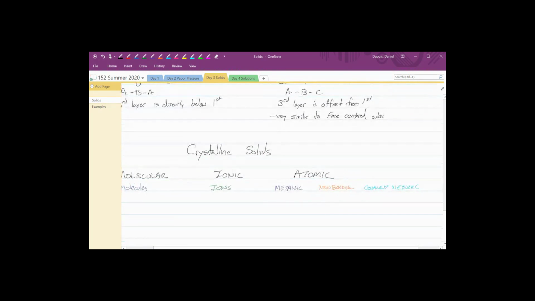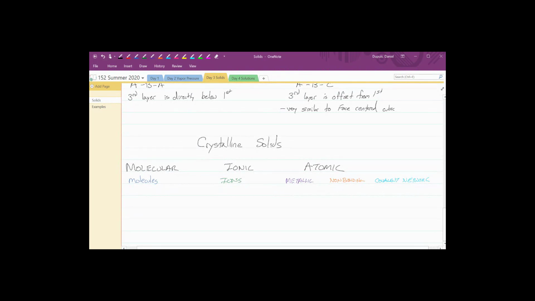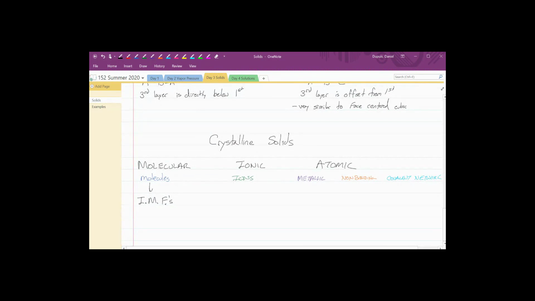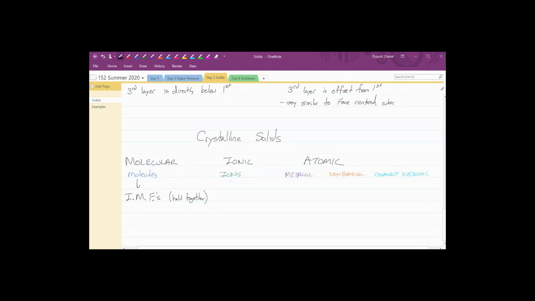All right. So molecules are held together by intermolecular forces, right? Ionic compounds are held together by Coulombic forces, charges.